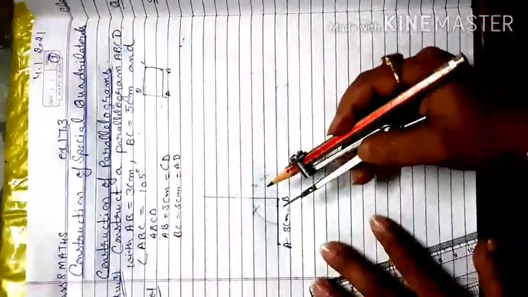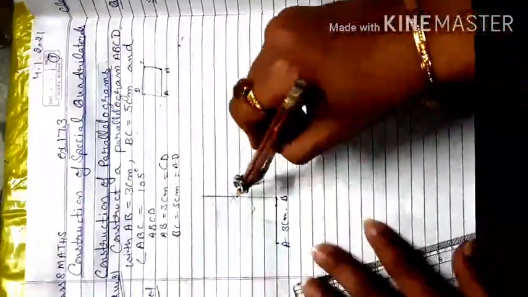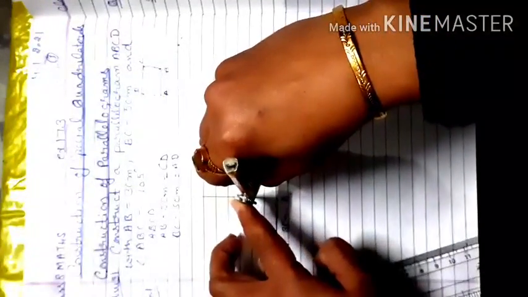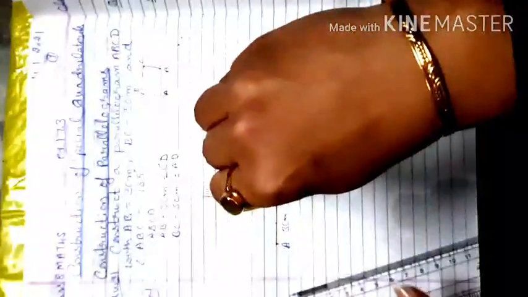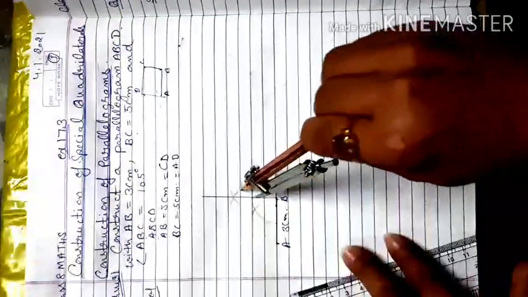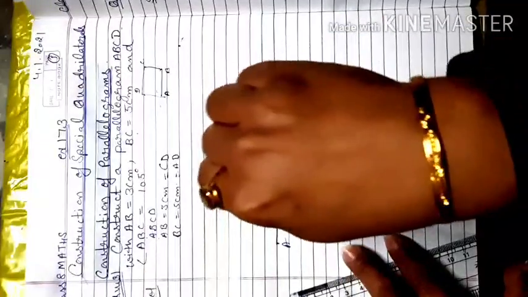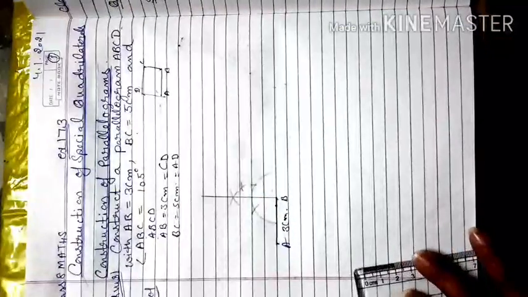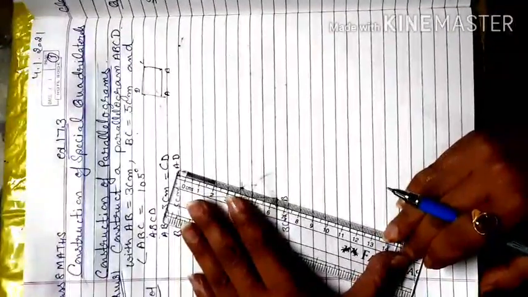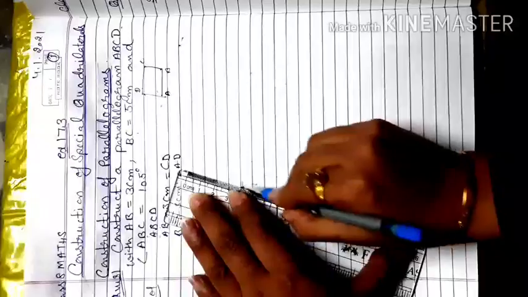But I need 105, so 105 is 90 degrees plus 15, that means half of the gap between 90 and 120, that is 15 degrees. When you add this 15 degrees, that gives you 105. So you have to draw this as 105.